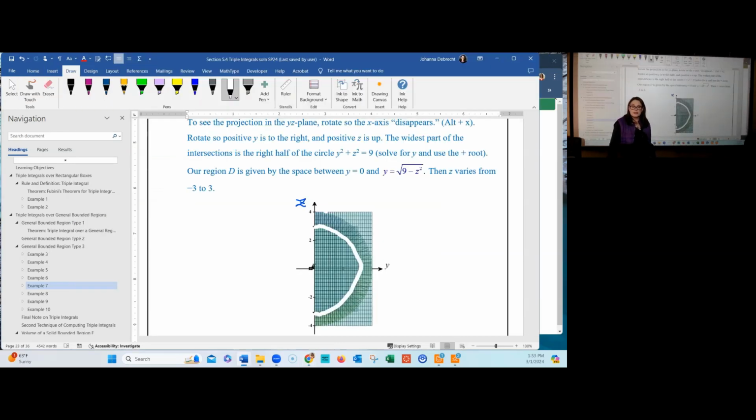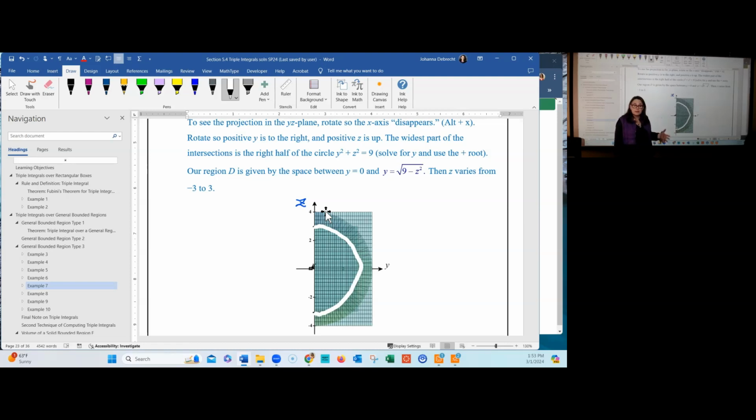When we look at this again from the view of the projection cast into the YZ plane, we do get a semicircle of radius 3. Because it's being cast into the YZ plane, we know the value of x there is 0, and the intersection with the 2 planes, x equals 0 and x equals 5, is not going to change the shape of the end cap.